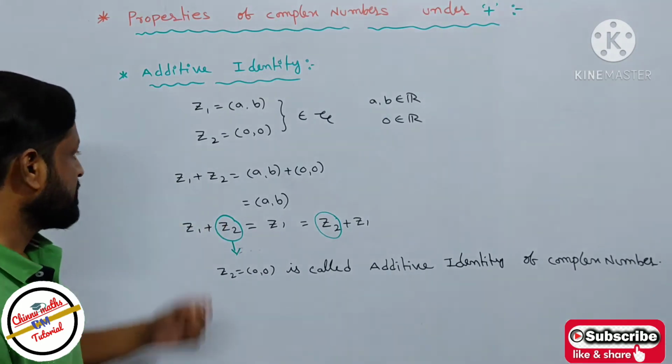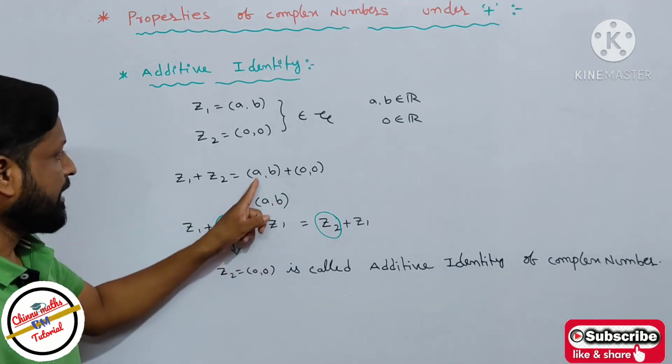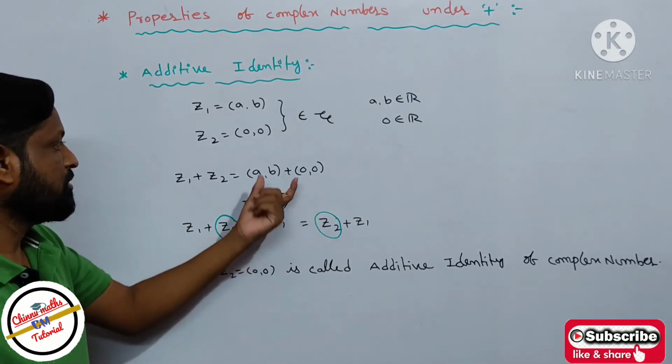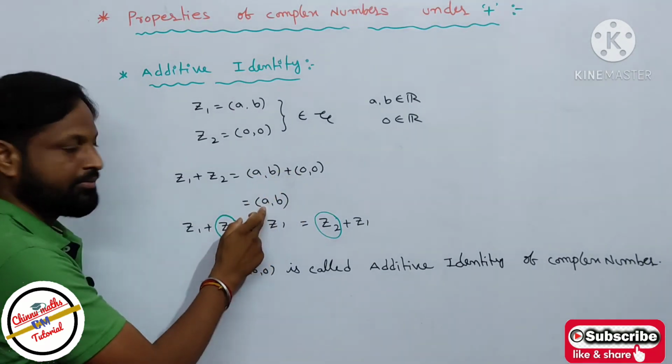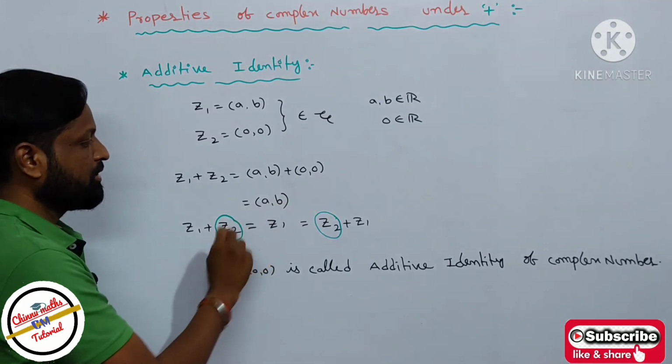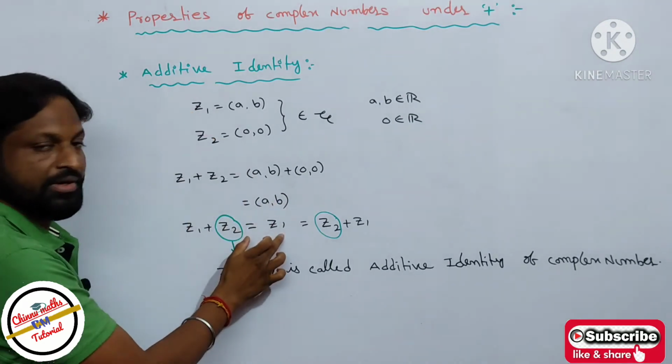You can observe which complex number z1 plus z2 represents. So (a, b) plus (0, 0): a plus 0 equals a, b plus 0 equals b. So (a, b) is nothing but the complex number z1 again.